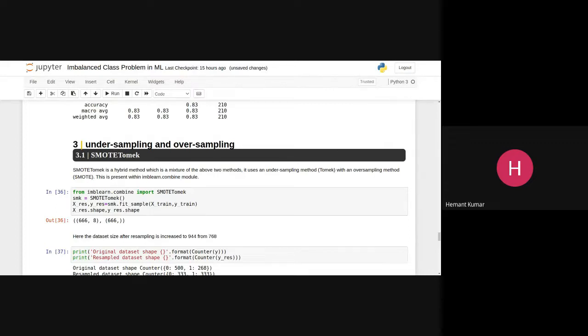It is not guaranteed that using any imbalance-handling algorithm will improve our modeling. So if you use this kind of algorithm, you have to apply it and check. It is not guaranteed to improve your precision, recall or F1 score every time.